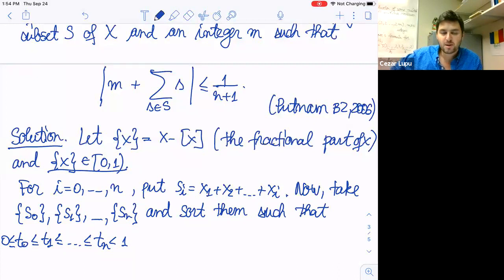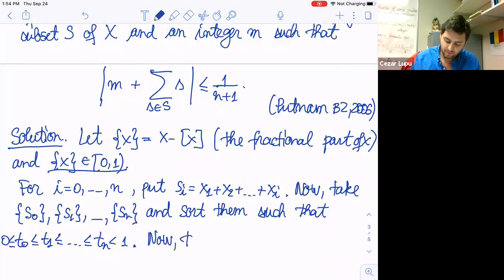And now, of course, I'm going to apply the principle that I just explained at the beginning. So I have n plus 1 numbers, all of them in [0, 1), right? So now let's look at the differences. Okay, I'm going to be specific.